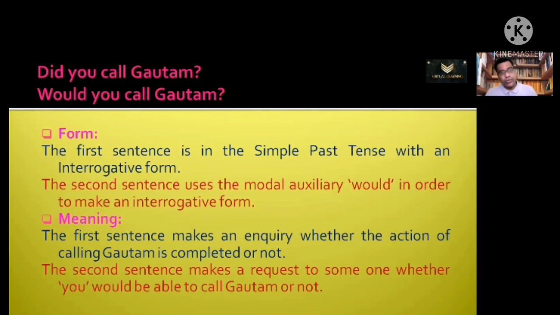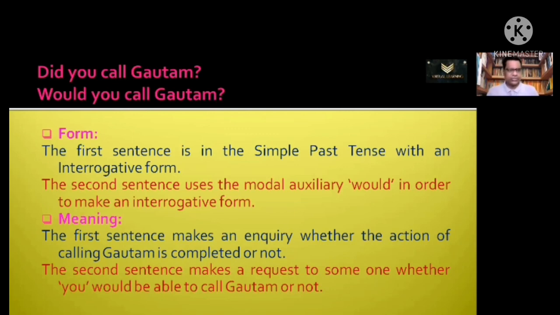But when I say, would you call Gautam, the meaning is totally changed. It means that a request to someone is made whether you would be able to call Gautam or not. It means the action of calling Gautam is not at all done. Suppose I am requesting you, and then I'll say, would you call Gautam?